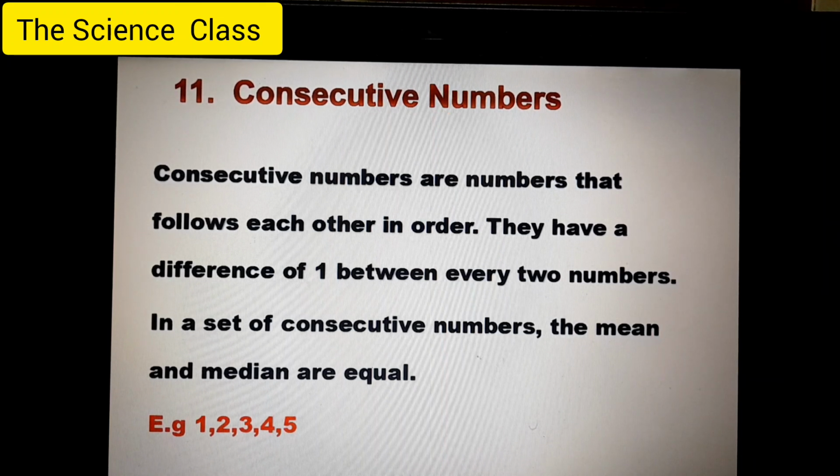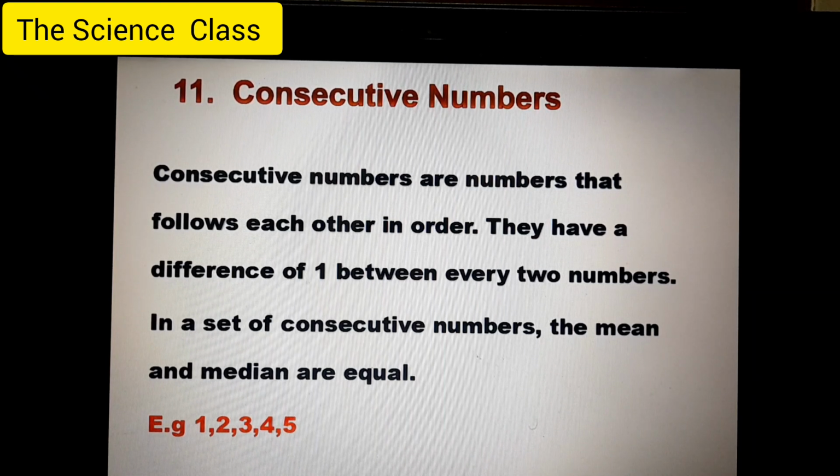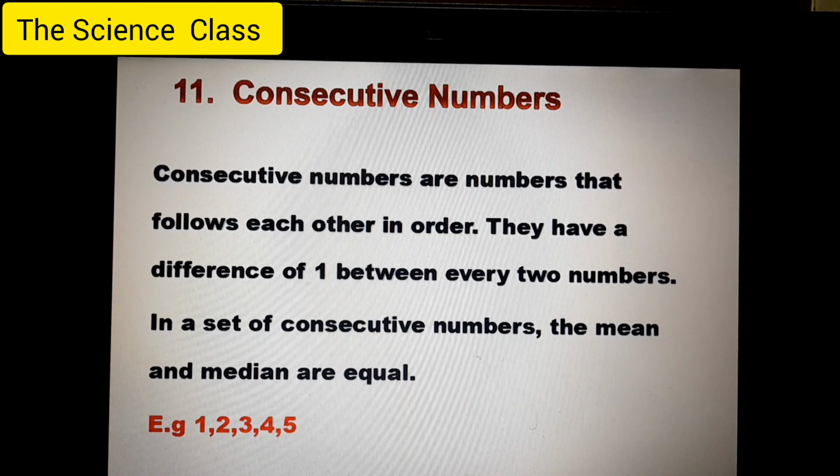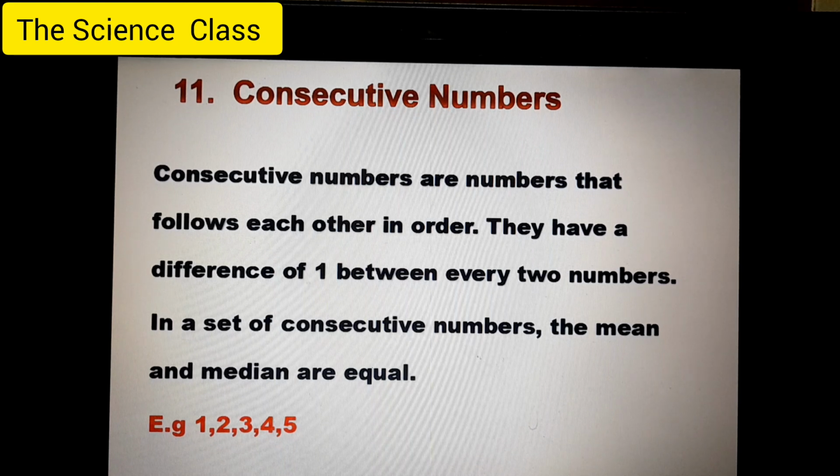Yes, when you have a set of consecutive numbers, the mean of the sequence is always equal to the median. If you don't understand the meaning of mean and median, you don't have to worry. We'll get there soon. But just know that when you have consecutive numbers, both the mean and the median are always equal.